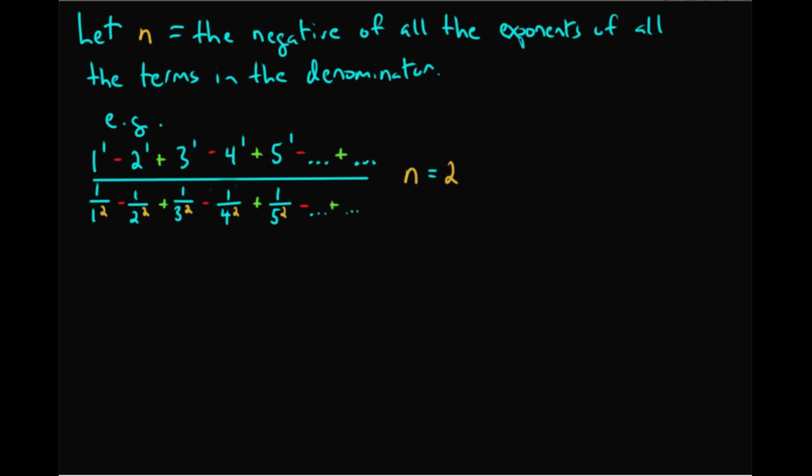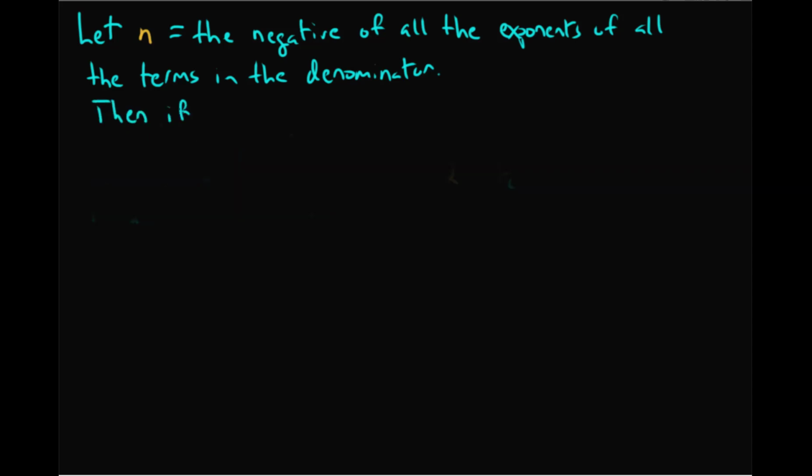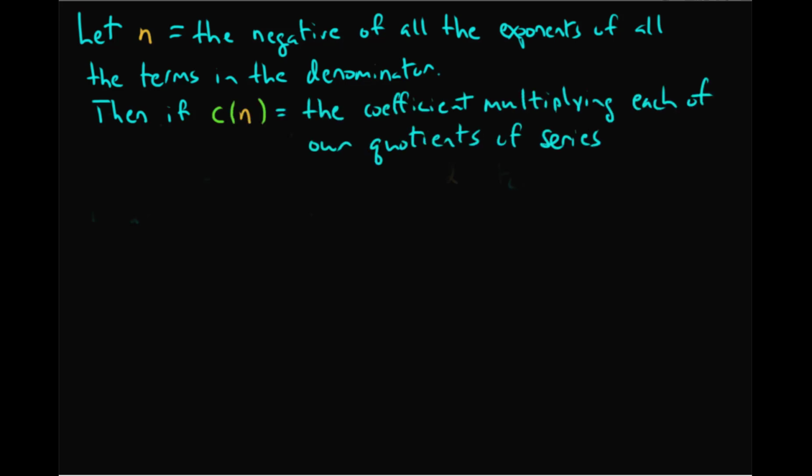So let's just negate that exponent to get back positive 2 as the argument for this function generating the coefficient. And we'll do that for all of our denominators. So the next pairing where we have eta of 3 in the denominator, we'll just let n equal 3, and then we'll let n equal 4 for the pair that has eta of 4 in the denominator, and so on and so forth.